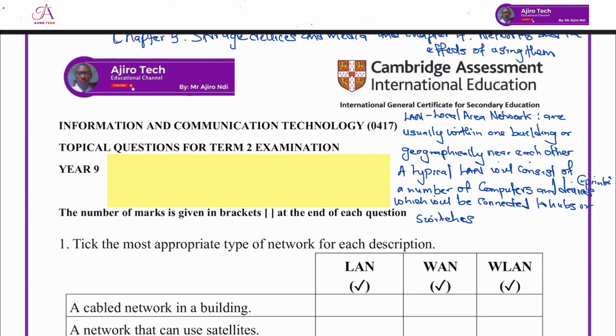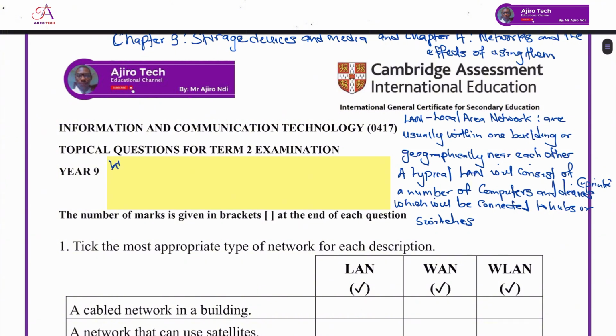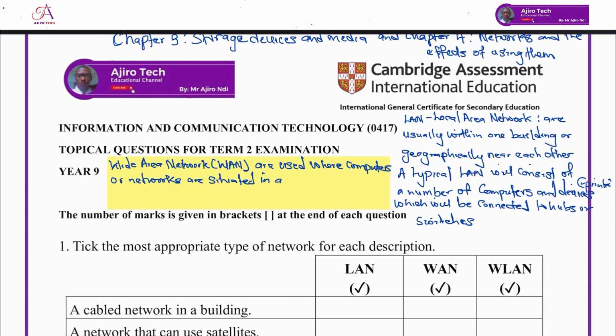So let's talk about the wide area network, which is your WAN. It is used where computers or networks are situated a long distance from each other geographically.